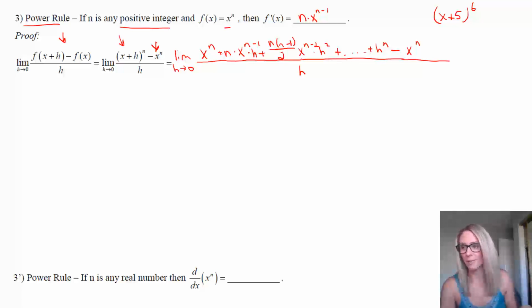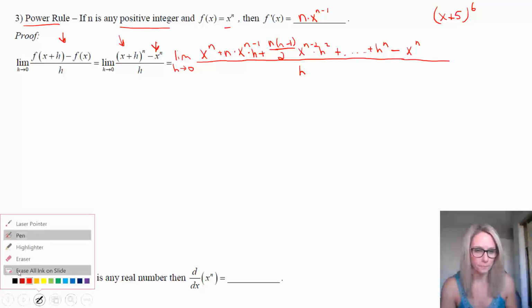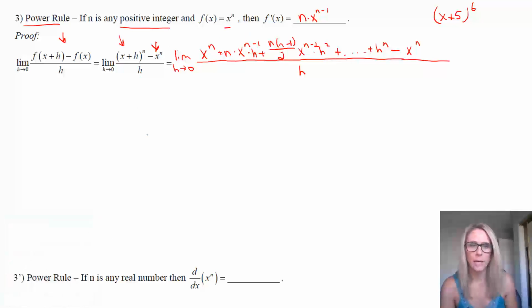So what you should see now, we're not quite there yet, is, of course, that we have, I'll put it in a different color, an x to the n that simplifies with this x to the n over here. That's key. Because what you should then see is, even though we have all this crazy stuff in between, that each term has an h.